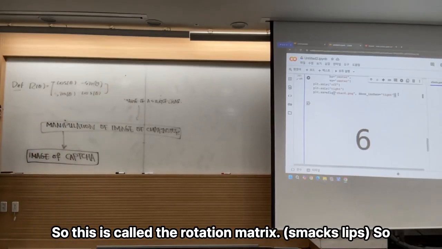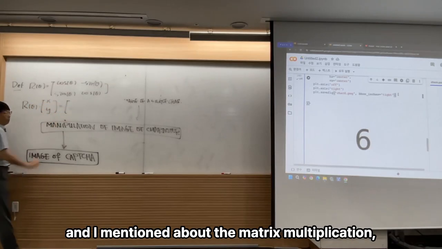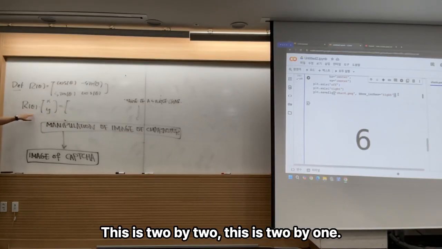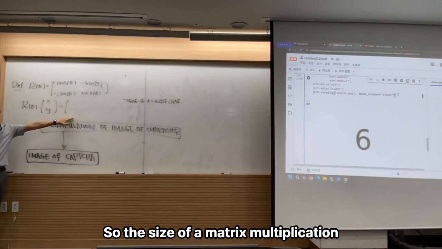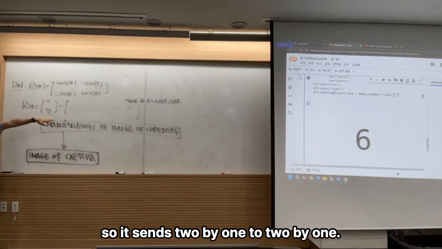This is called the rotation matrix. What it does is that if I multiply this to x y, and I mentioned matrix multiplication, what's the size? This is 2 by 2, this is 2 by 1. So the result is 2 by 1 again. It sends 2 by 1 to 2 by 1.